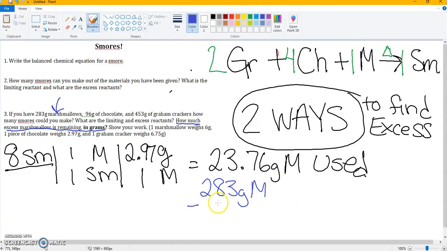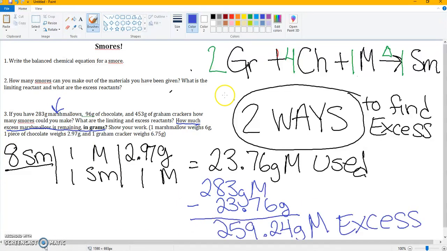If I subtracted what I used from my reaction, what it took me to make those 8 s'mores, then I get how much is left. So what I did was I took my initial, what I had in the beginning, I subtracted the amount that I actually used in my chemical reaction, and I get the excess is left over.